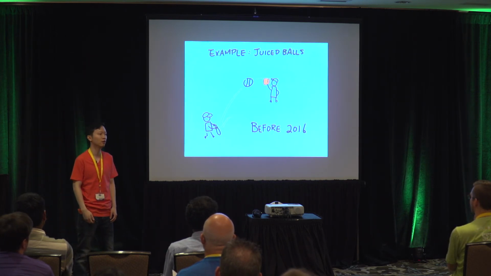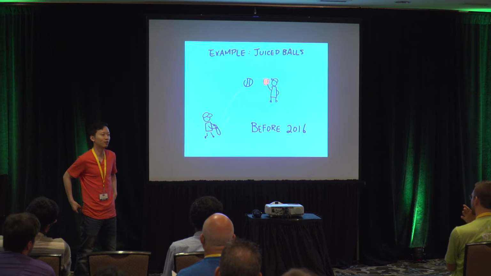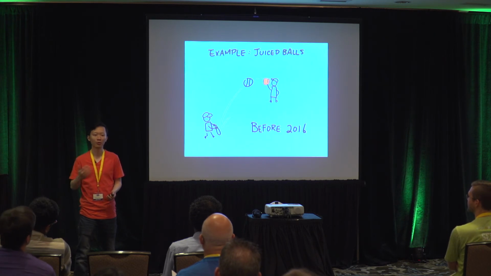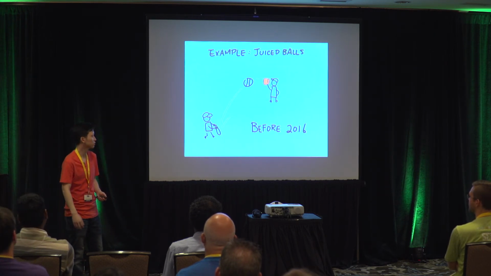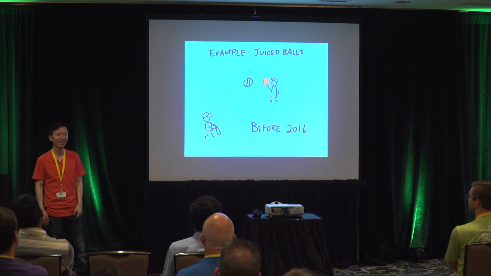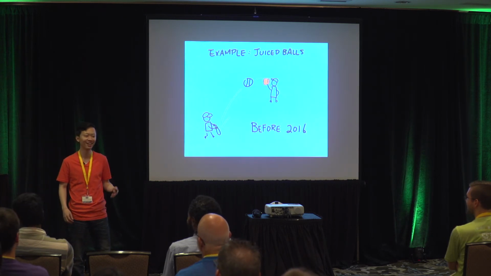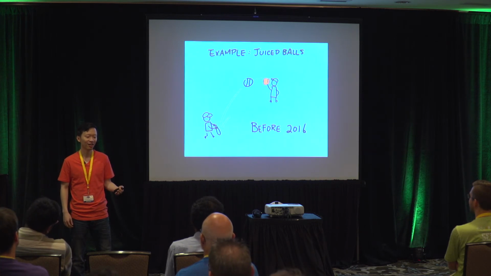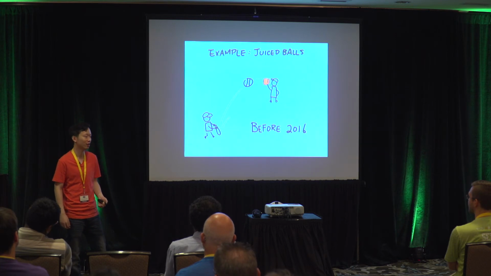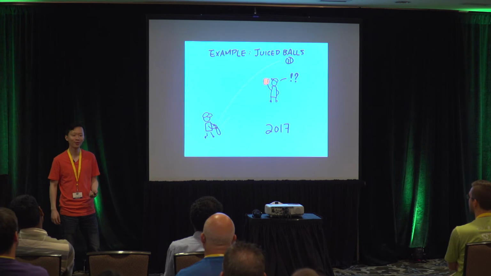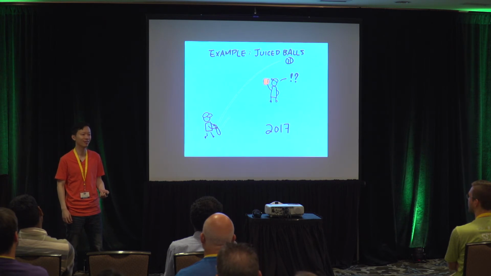Before 2016, baseball had a really, really terrible run suppression problem. Suppression meaning the games tend to be low in score compared to 2000 and so on. That's before 2016. And then 2017 happened. When teams started playing spring training in April, they found out, whoosh, balls start to carry longer distances.